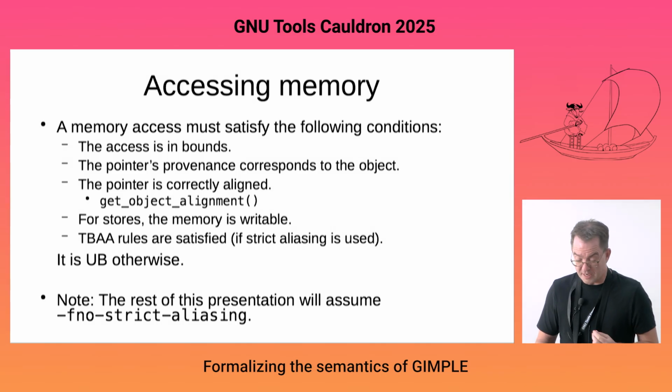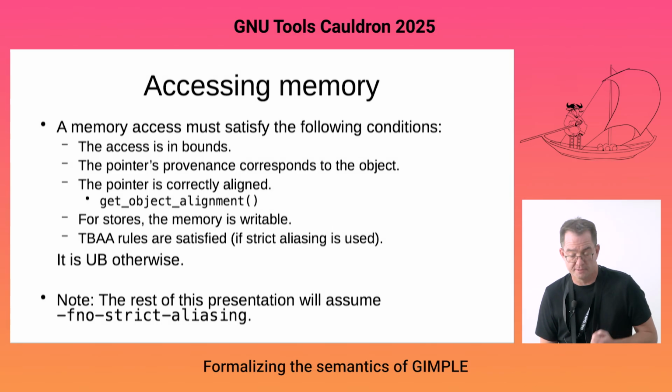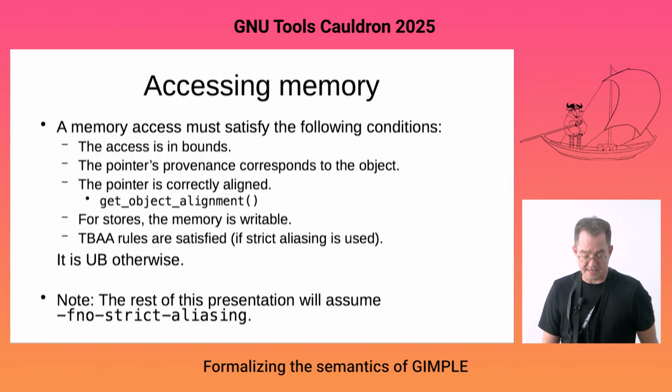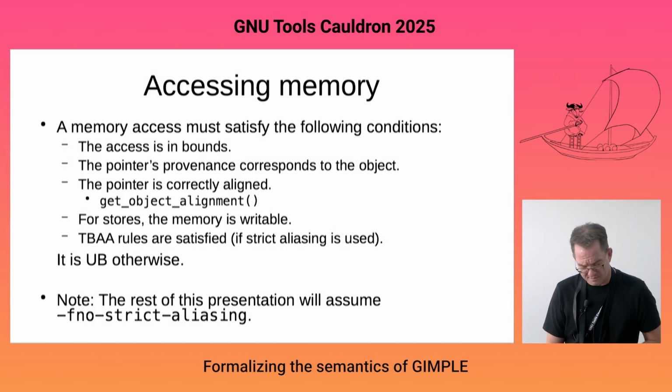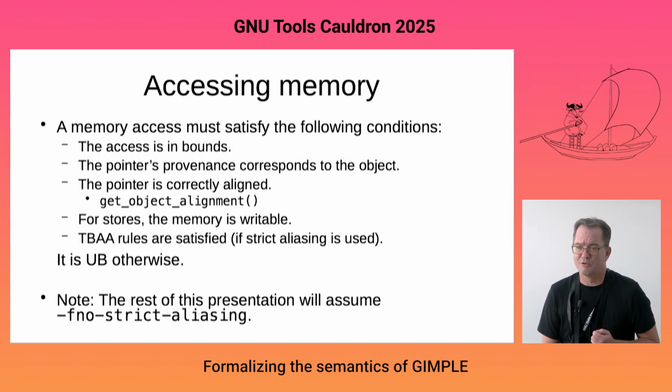The pointer provenance must be correct for the object that is being accessed. The pointer must be correctly aligned. It's a bit unclear to me exactly what this means in GIMPLE. I'm using get_object_alignment, so GCC tells me what it expects, and I just check that the pointer is like that. But from my point of view, it would be good to actually have clear rules: this is what alignment means.